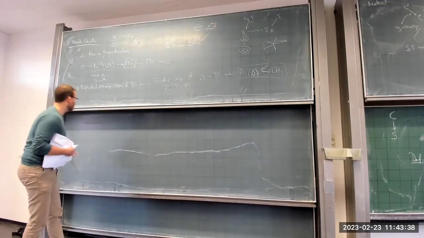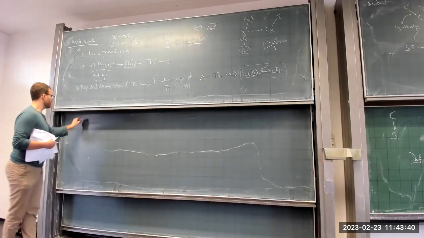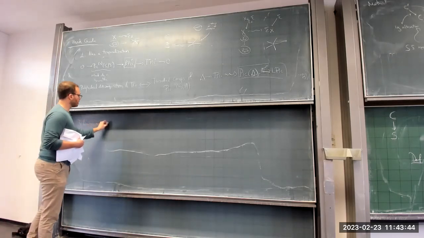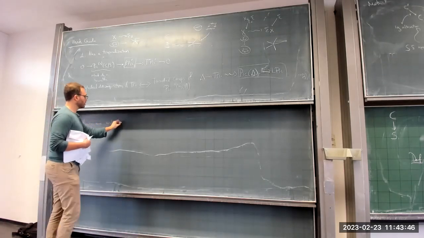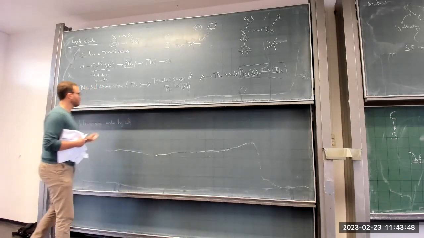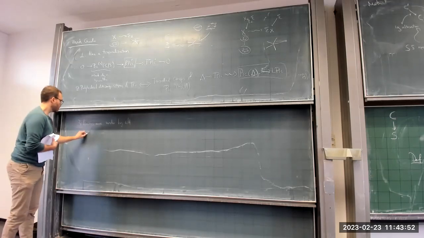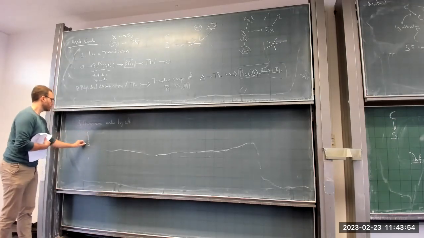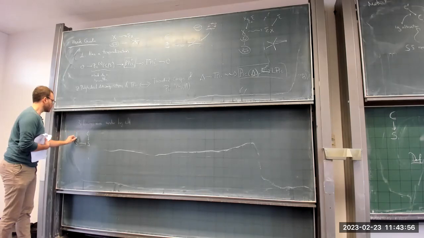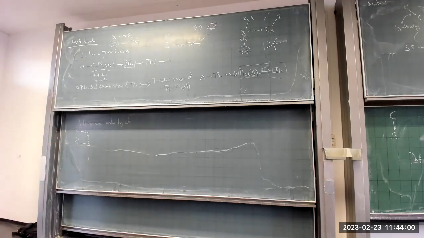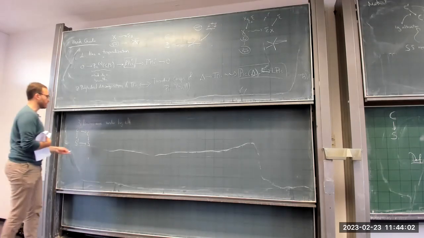The third property is invariance under log alterations. So that says that if you take my C to S and you subdivide, you take one of those log alterations, you get a new family of curves.